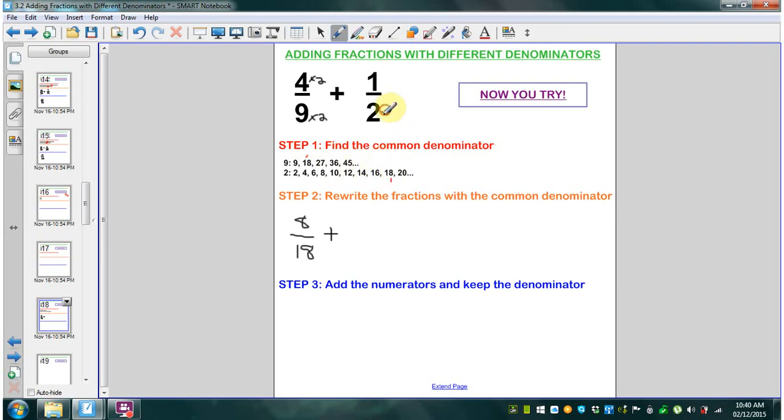We multiply by 9. That will give us our common denominator, but whatever we do to the bottom here, we have to do to the top. So 1 times 9 is 9. Now we add the numerators and keep the denominator. So 8 plus 9 is 17. And we keep the denominator here. Check and see if we can simplify. No, we cannot. We are good.